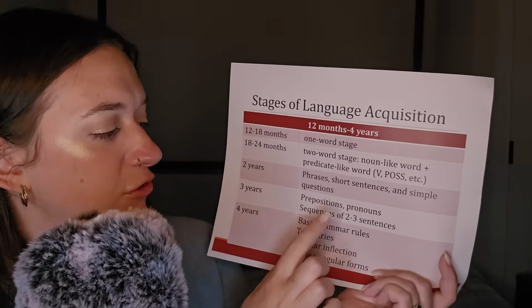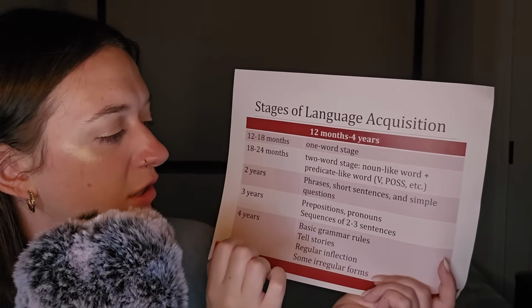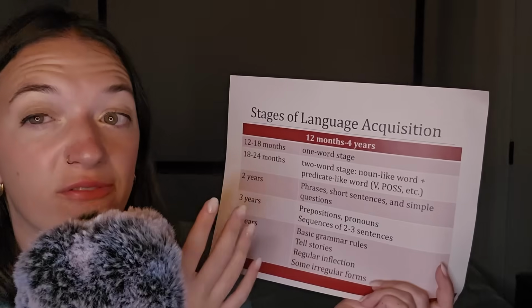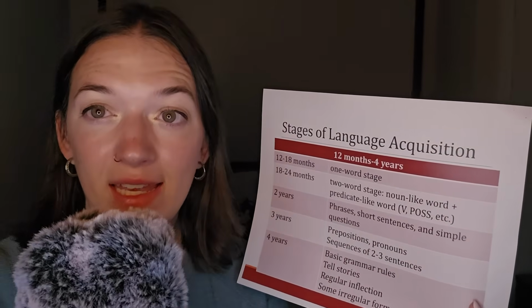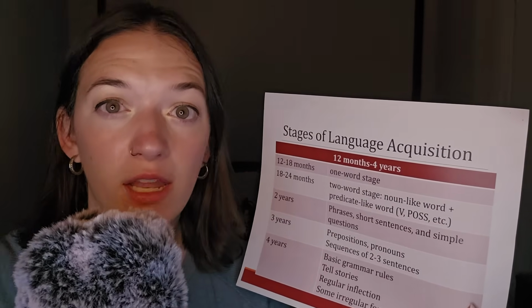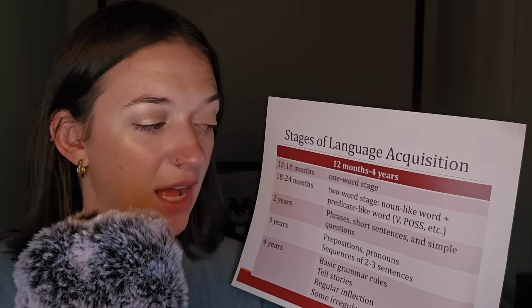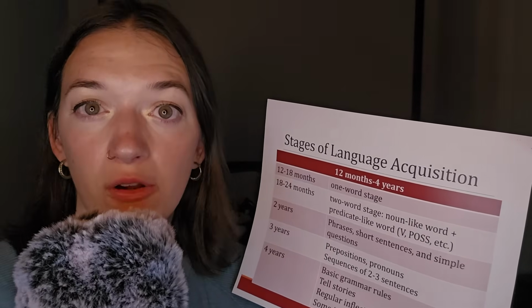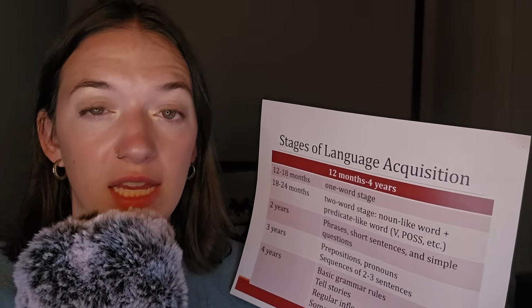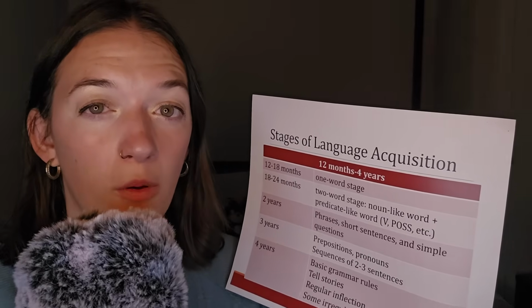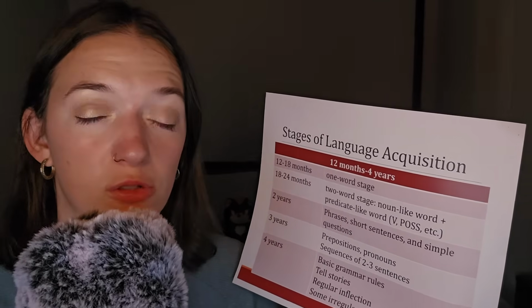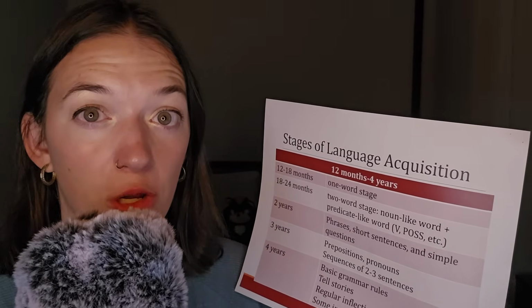They have these grammatical, not content words, but function words: in the box, on the table, things like that. They can start to use pronouns like she, he, they, it, whereas babies younger than 3 years old tend to speak in the third person.